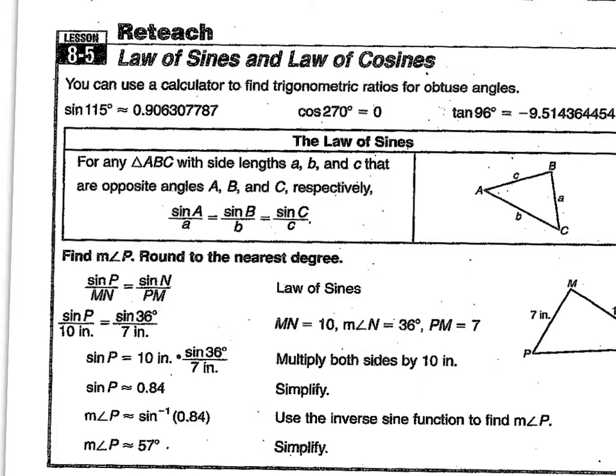If you have two angles and two sides and you're missing one of those four, you're going to have to use the law of sines.